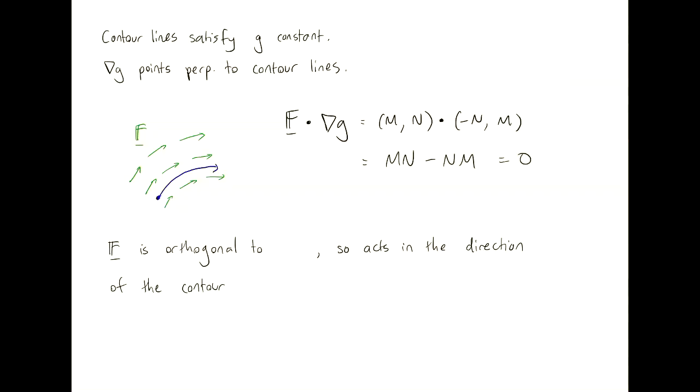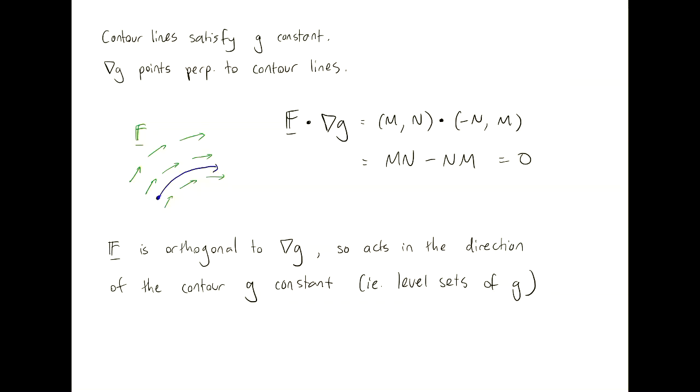So my field F is orthogonal to grad G, which means it acts in the direction of the level sets of G, i.e. the contours where G is constant. Because remember, the gradient operator acts orthogonally to the level sets of G. So if F is orthogonal to grad G, that means F must follow the level sets of G itself.